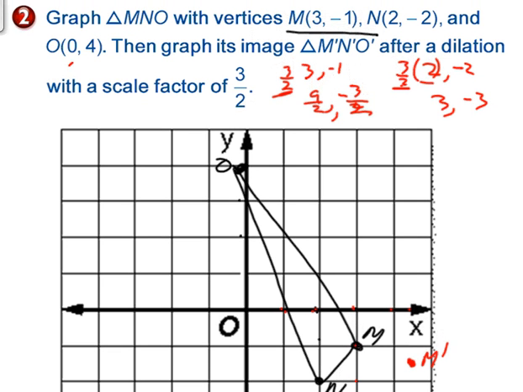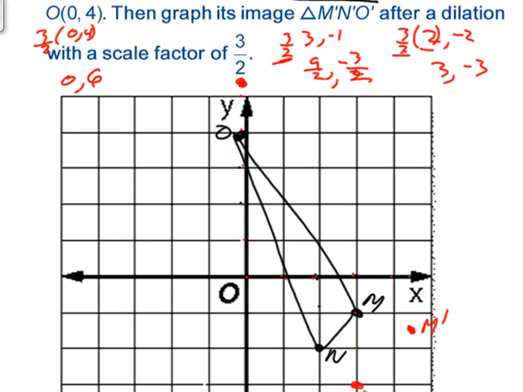So 0, 4 times 3 halves. Well, 3 halves times 0 is still 0, and 3 halves times 4 would be 12 halves, or simply 6. So 0, 6: 1, 2, 3, 4, 5, and 6 would be up here. As I connect those dots, the red lines become my dilation with a factor of 3 halves.